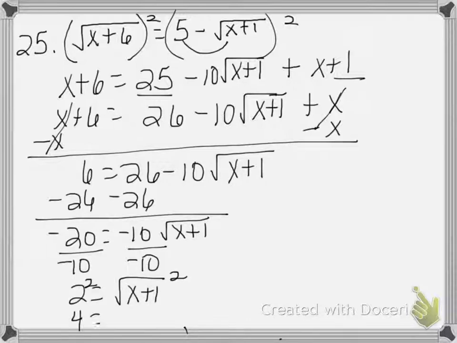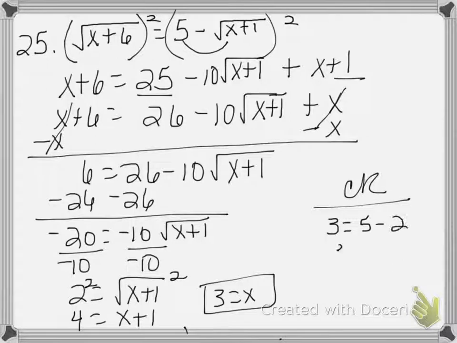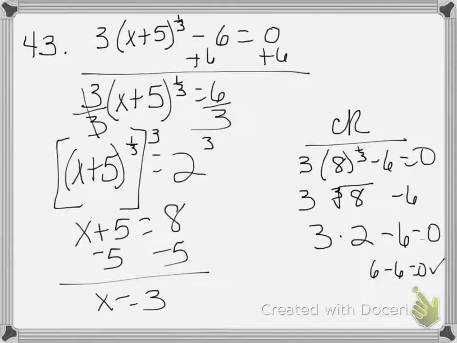Then we're going to square both sides again and then solve for x. Check it. Here's 43. Okay, that is the end of section 7.7.